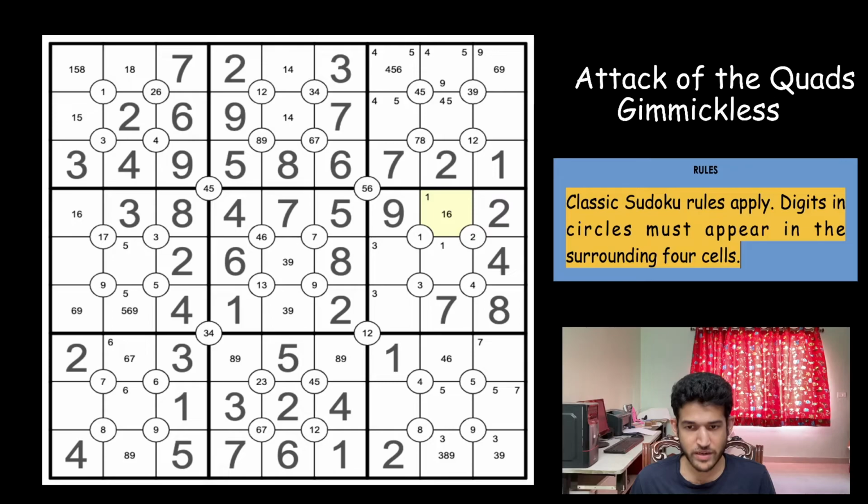The 4 for this quad cannot be here, so 4 goes here, and that removes the 4 from here, giving the 4 in these 2 cells. Okay, this can't be 6, so this is 1, 3, 5 for the box, and 1 is not here, that's 3, 5.